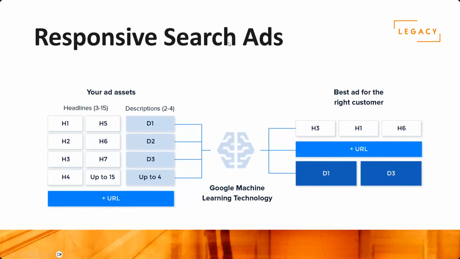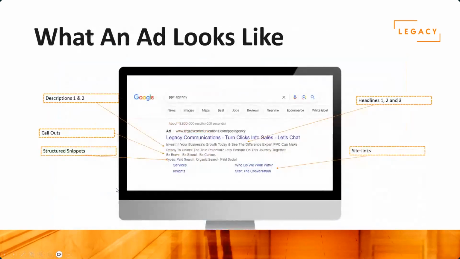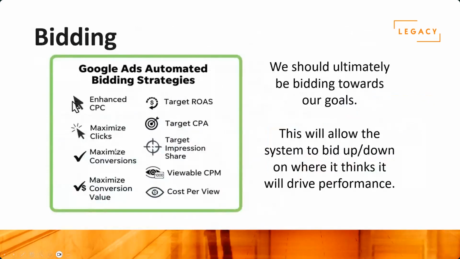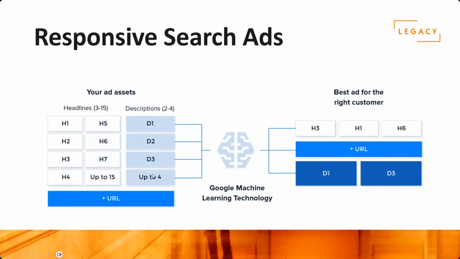We have to use something called a responsive search ad now. It's the standard ad type. In the past it was text ads first, and then they got rid of them for expanded text ads, and then they've got rid of expanded text ads for responsive search ads. With a responsive search ad, you can add up to 15 different headlines, and 4 different descriptions.